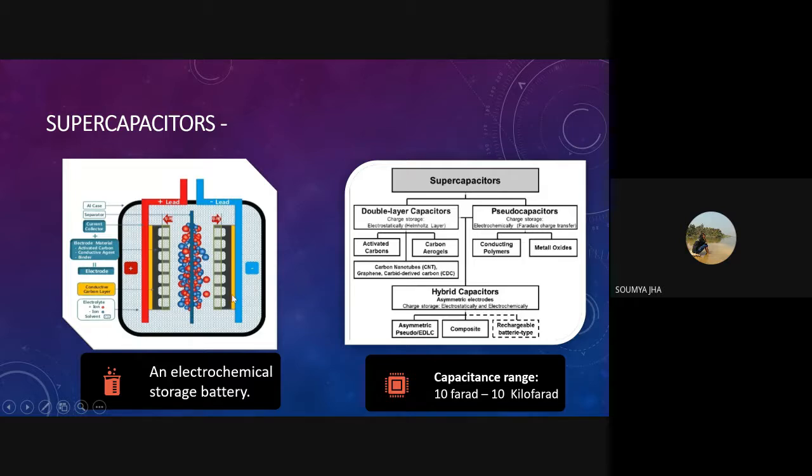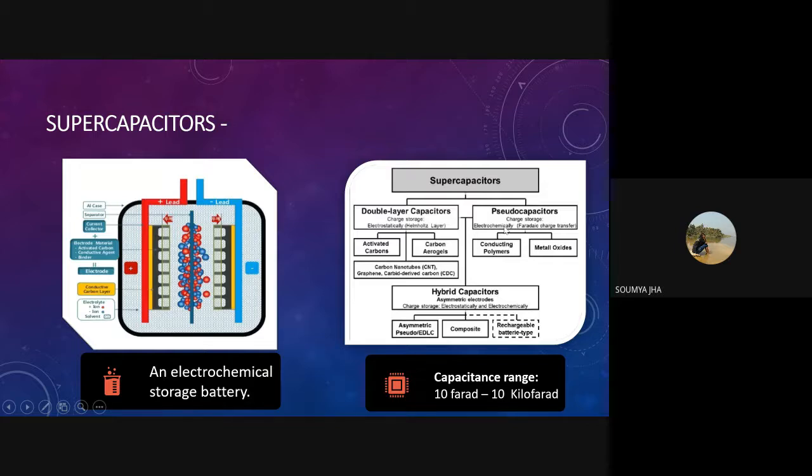And there are various kinds of supercapacitor depending upon the type of charge stored. When the charge is stored in an electrostatic manner, it is known as the EDLC or electric double layer capacitor. And the various materials which are used are activated carbons, carbon aerogels, and carbon nanotubes.